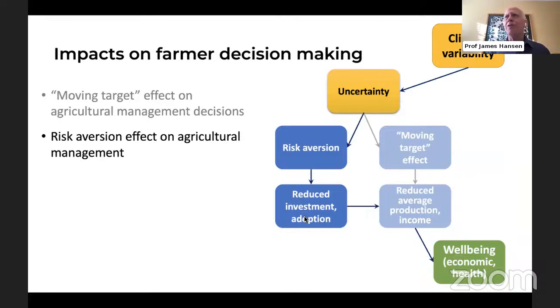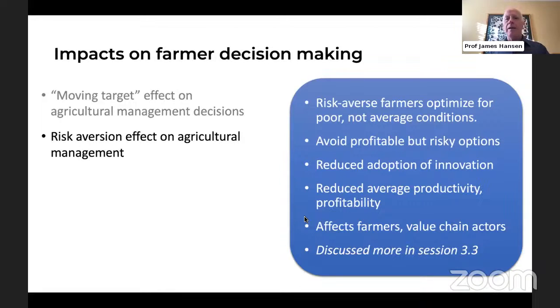But the situation is actually worse than that for a farmer, because farmers don't necessarily select management that's optimal on average because of risk aversion. So a risk-averse farmer wants to increase average income, but also wants to reduce risk in the form of variability of income.